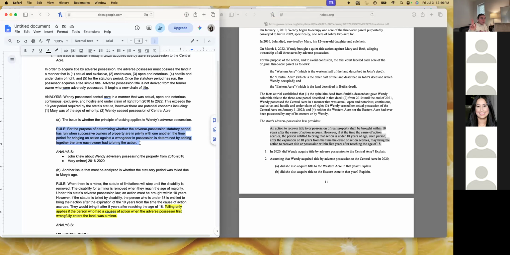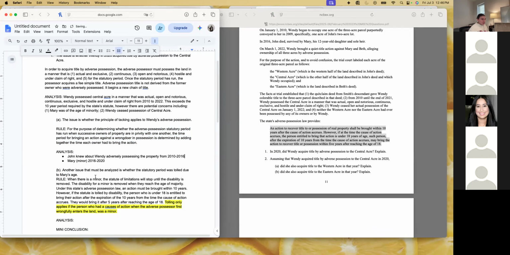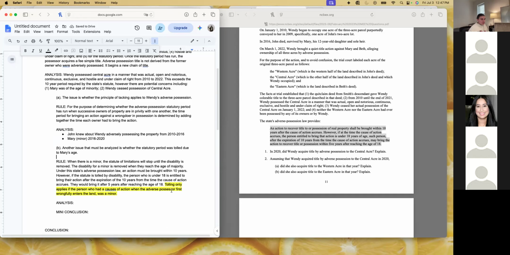The only reason that we brought up this statute, the statutory period, is because of Mary being a minor. At the end of the day, we want to talk about the fact that there is a statute discussing minors, but then we also want to come to the conclusion that just because she was a minor does not mean that the statute tolled.